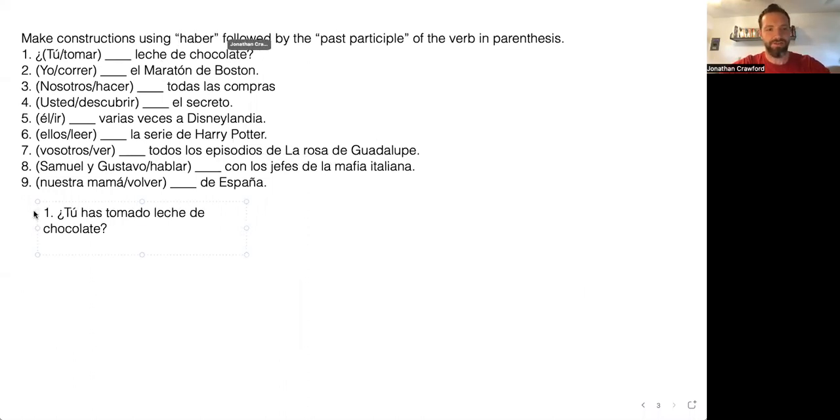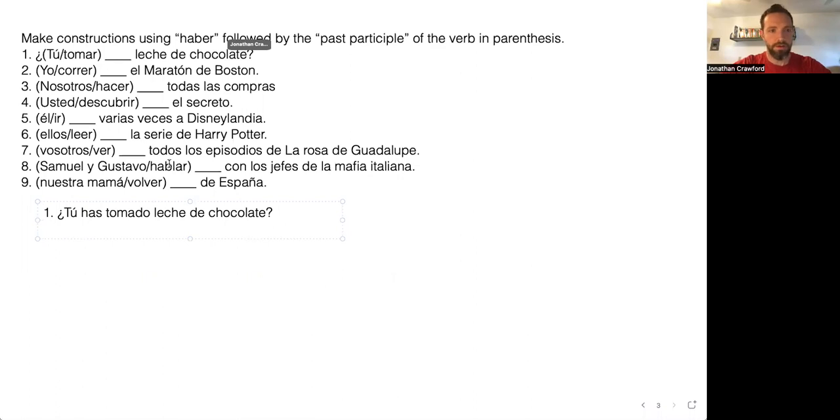Drank would be the preterite in English. You don't say I have drank. Some people could say that, and colloquially it's probably correct in certain areas, nothing against that. But tú has tomado leche de chocolate? That would be for number one.